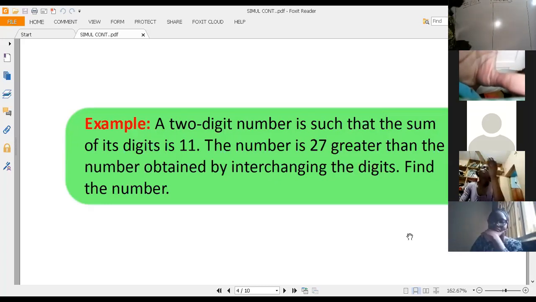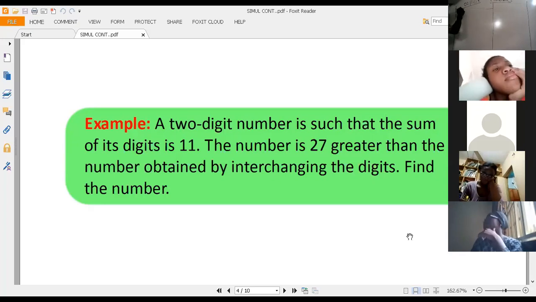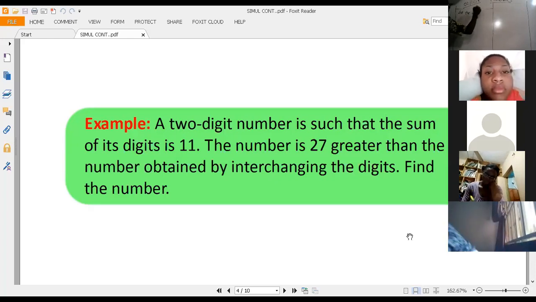Two-digit number. Let both digits be X and Y. Let the digits be X and Y.